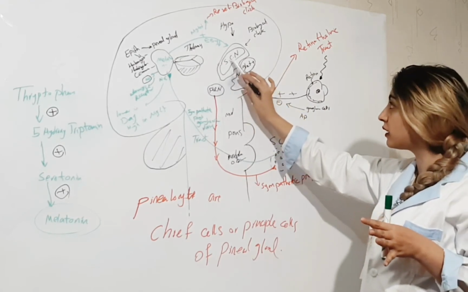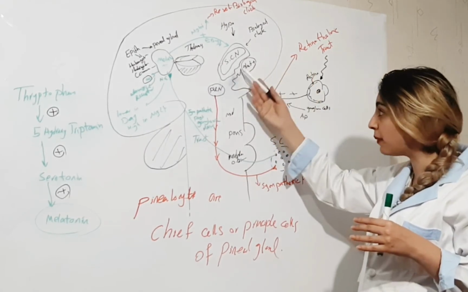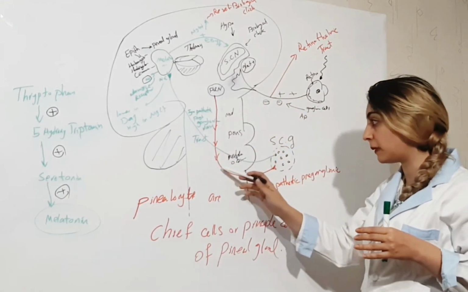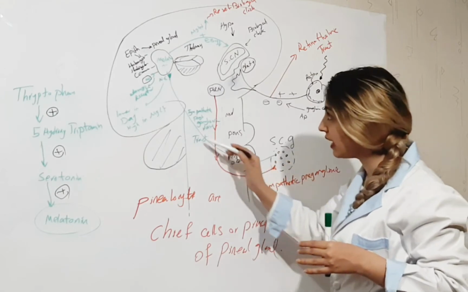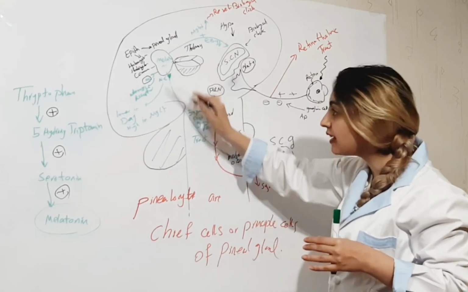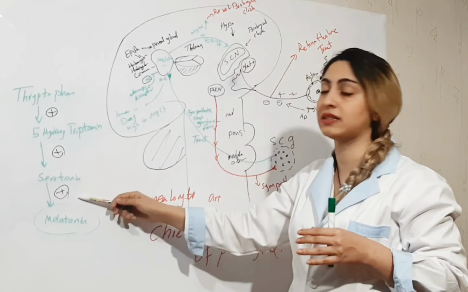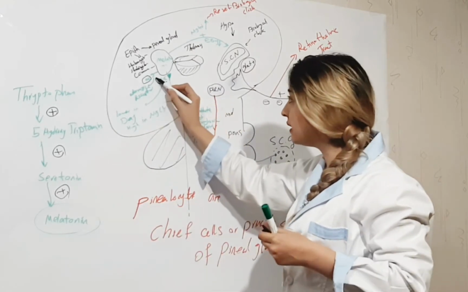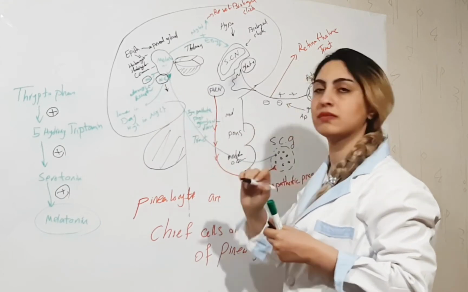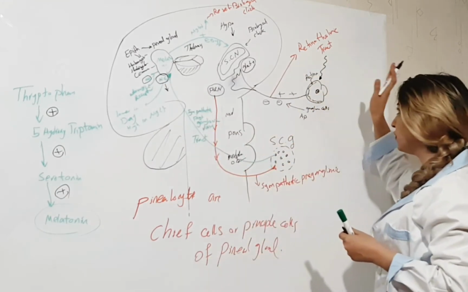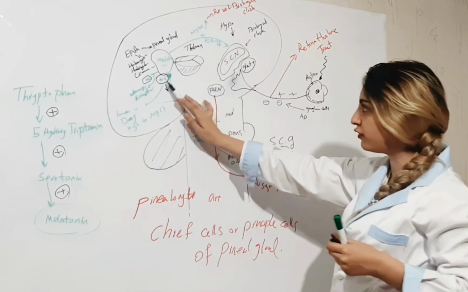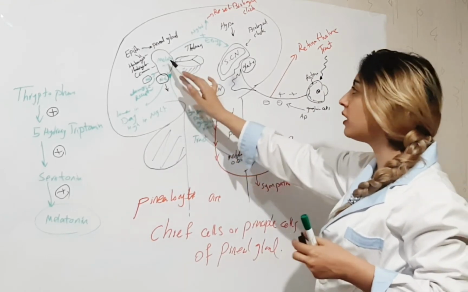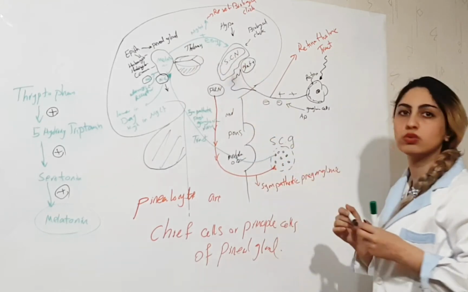Then in the suprachiasmatic nucleus some processes happen, and later in the paraventricular nucleus, when the action potential is sent and finally another action potential is here, melatonin is not going to be made a lot, and in fact the norepinephrine here is less. So if it is day and the light is a lot, the norepinephrine is less, so melatonin is less and we don't sleep.